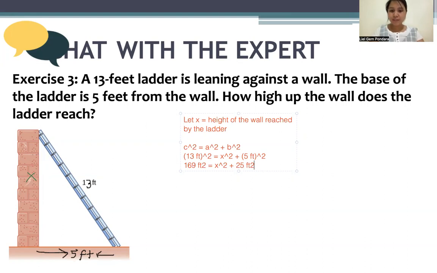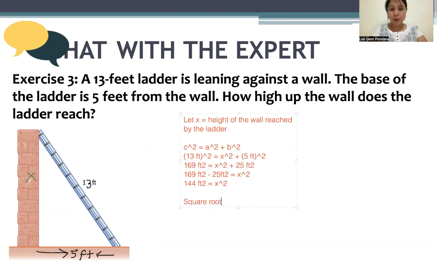We transfer 25 to the other side. Is equal to X squared. So solving on the left side, that's 169 minus 25. We will get 144 feet squared equals X squared.